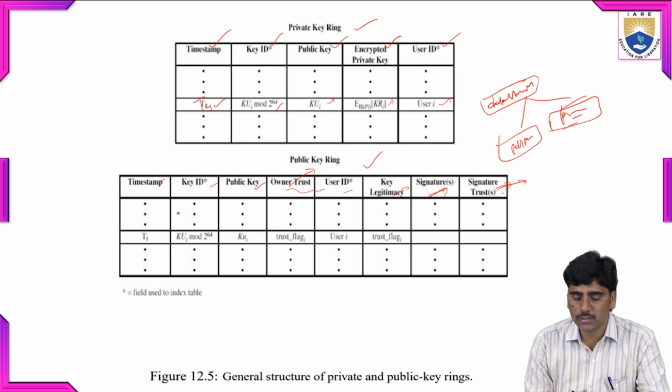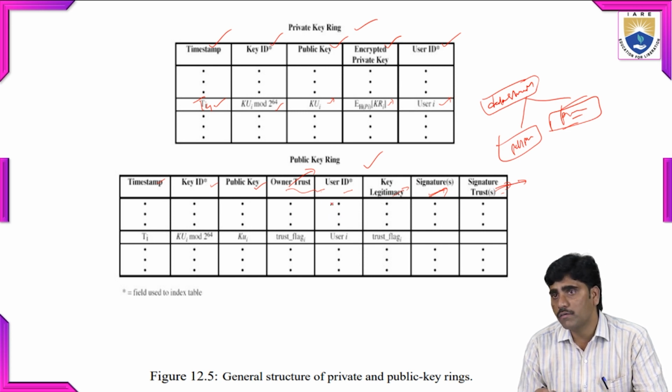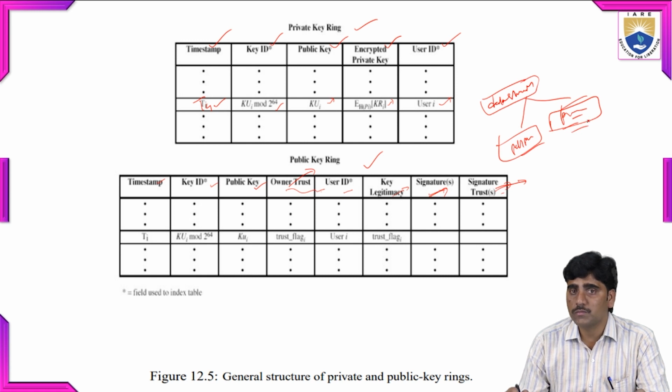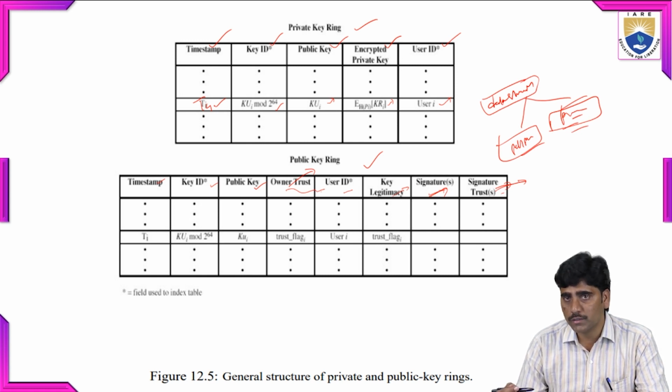So these are all the fields contained in the key rings, the public keyring and private keyrings. These two are the data structure types which maintain session keys, public keys, encryption private keys, or encryption public keys for the two users.